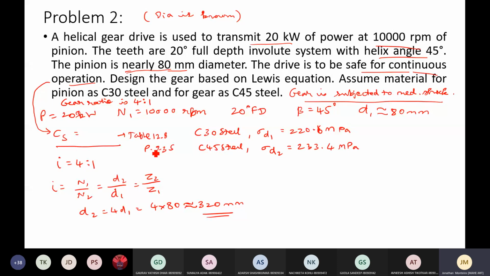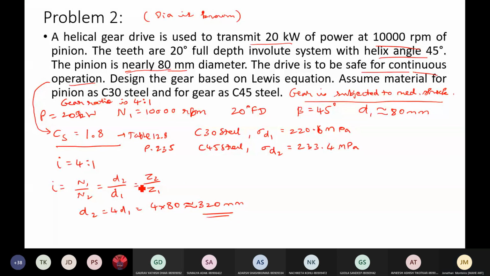Continuous operation, in other words, is 24 hours per day. Some of the gear systems have to be continuously operational. So with continuous operation 24 hours per day, with medium shocks, according to that table, your service factor should be 1.8. Rather large when compared to all the previous problems. Service factor is quite large here.